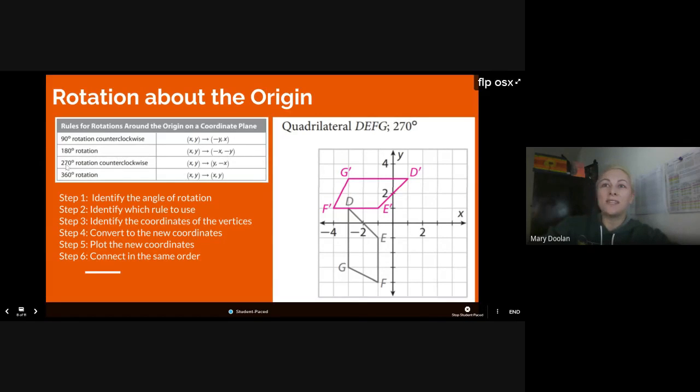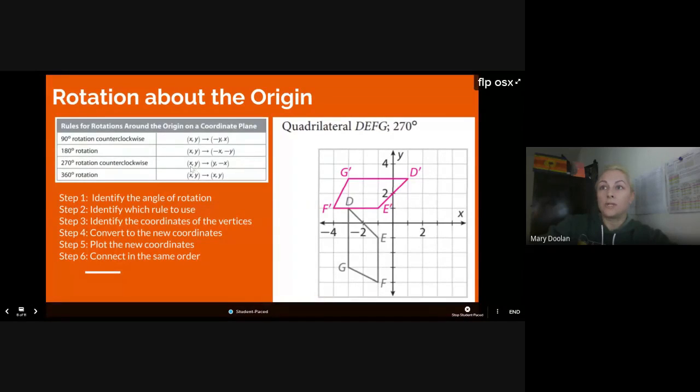So it's a 270 counterclockwise, so the rule is (x, y) turns into (y, -x). So for example, if I look at F, point F of the original polygon, it is at the ordered pair (-1, -4).